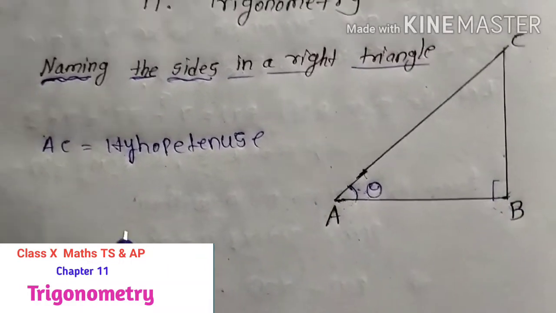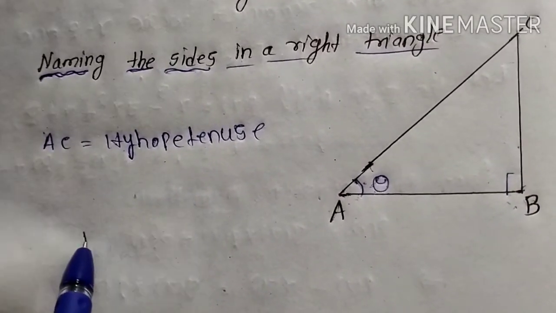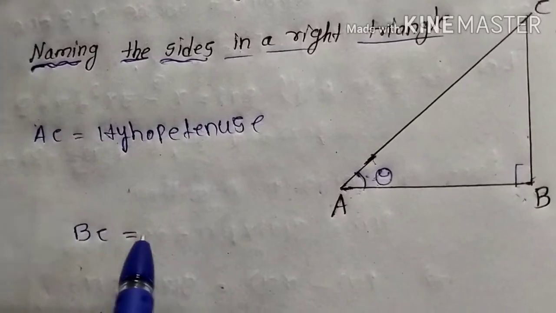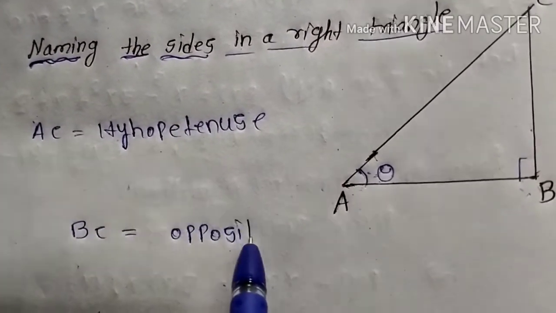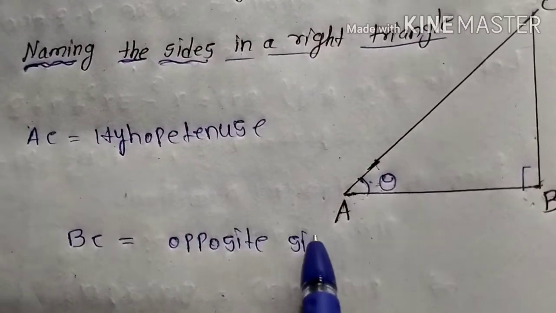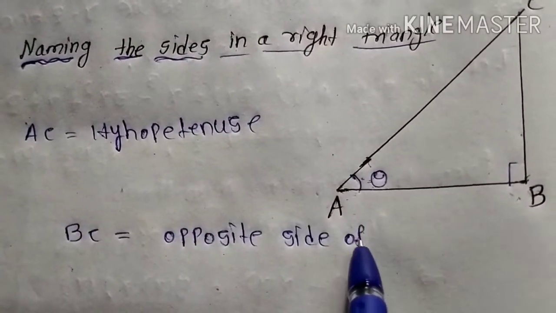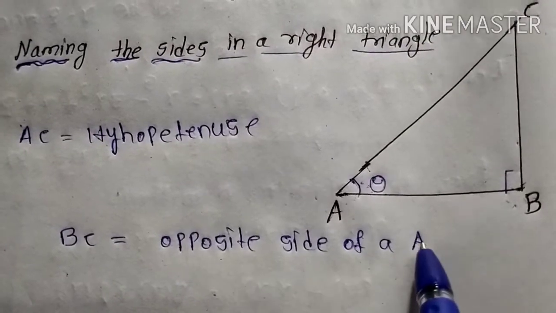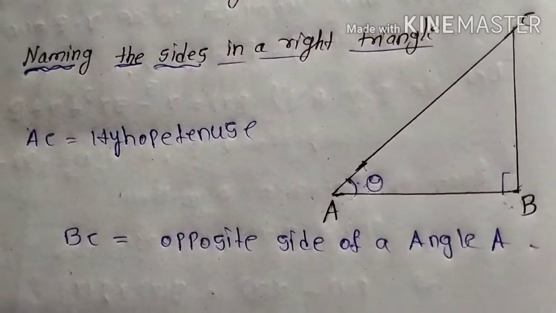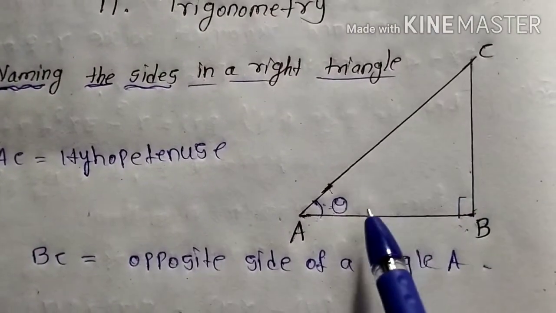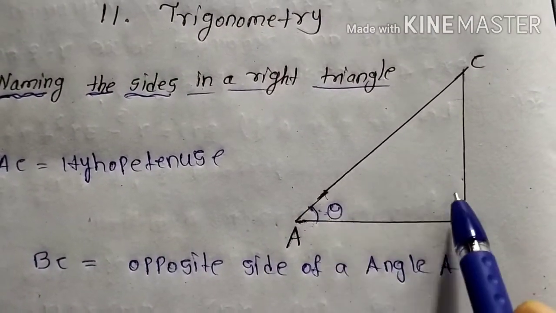So you can write here BC is equal to the opposite side of angle A. We can call it as the opposite side of angle A.